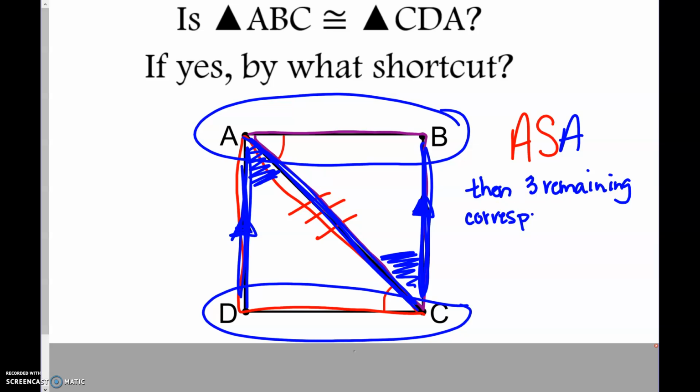The 3 remaining corresponding parts are congruent. Now, isn't that a lot of writing and a lot of words? Corresponding parts of congruent triangles are congruent.